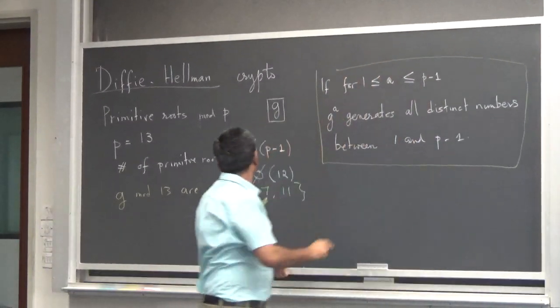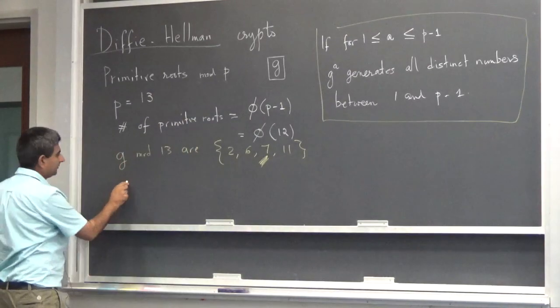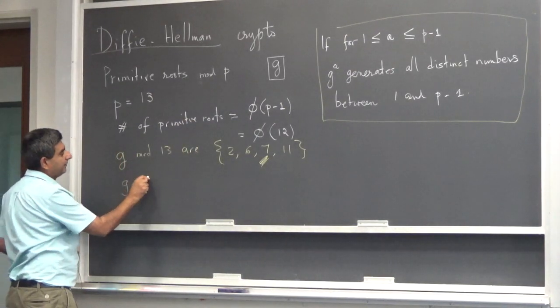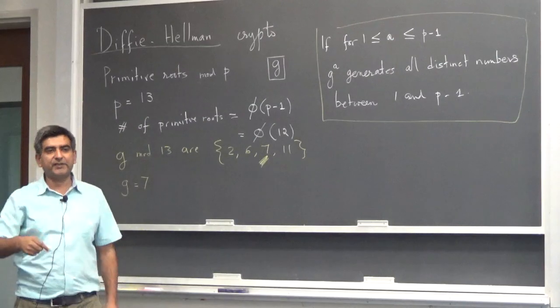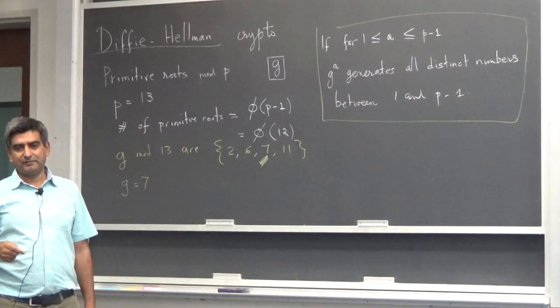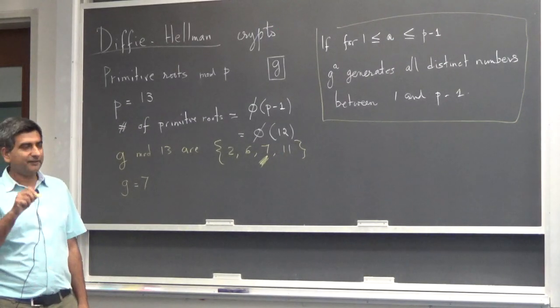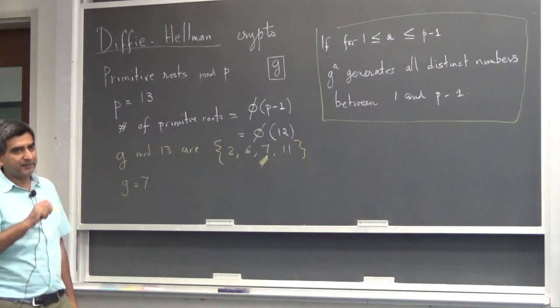So if I take G equals 7, let me exponentiate this 7 by A, where A varies from 1 to p minus 1.